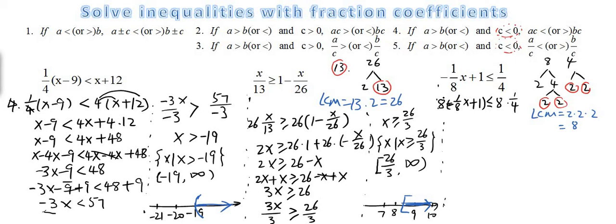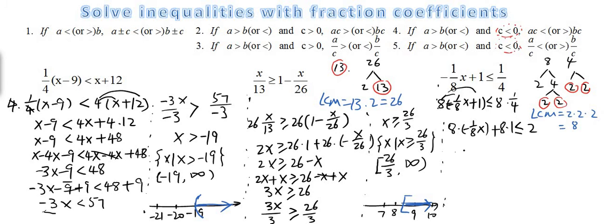And for the left hand side, we're gonna do the distribution. We have 8 times -1/8 x plus 8 times 1, and 8 times 1/4 should be 2.